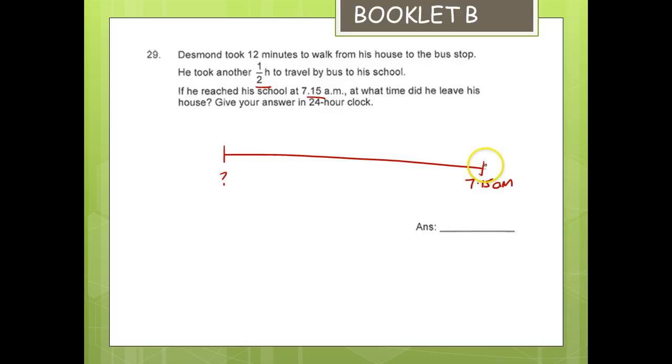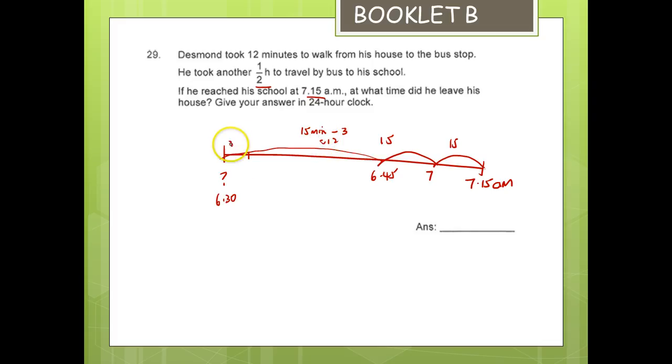So if it takes half an hour, 15 minutes will be 7. Another 15 minutes will be 6:45. Right? And he takes 12 minutes to walk from his house. So 6:45, 15 minutes would be 6:30. Okay, I need to add another, because it's 12. 15 minus 3 will be 12.